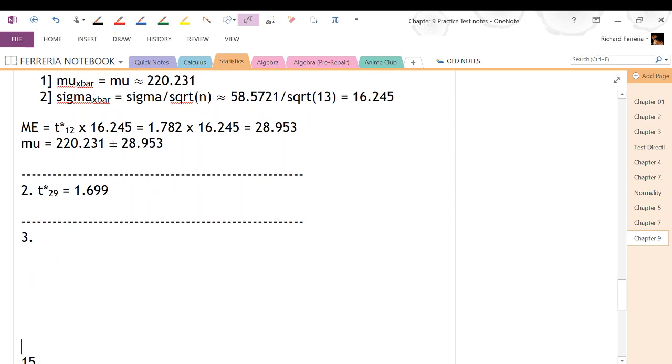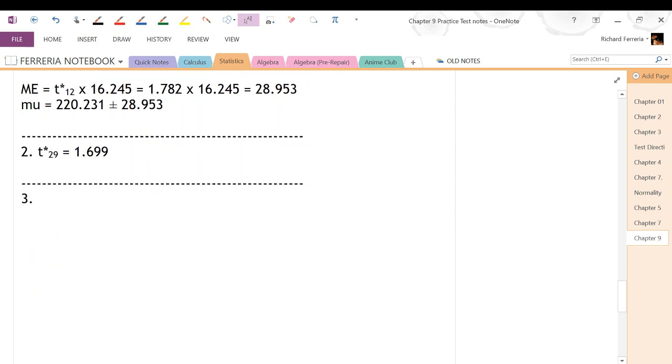Okay, so let's get our formula here. We know the margin of error. Margin of error is equal to, in this case we're going to use Z-star because we know sigma.